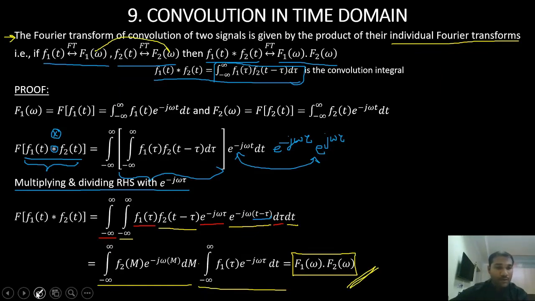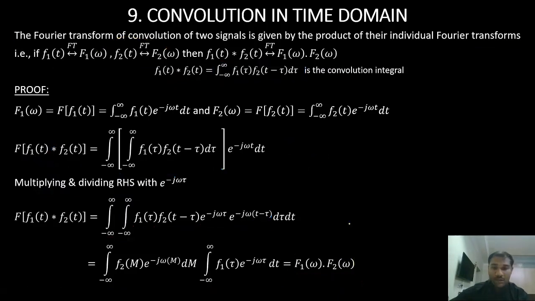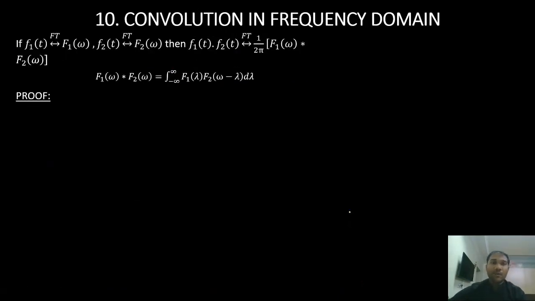Okay, it's very simple. Now we'll move on to the next property, that is convolution in frequency domain. Previously we convoluted the time domain signals. Now we will convolute the frequency domain signals. This is my convolution integral.